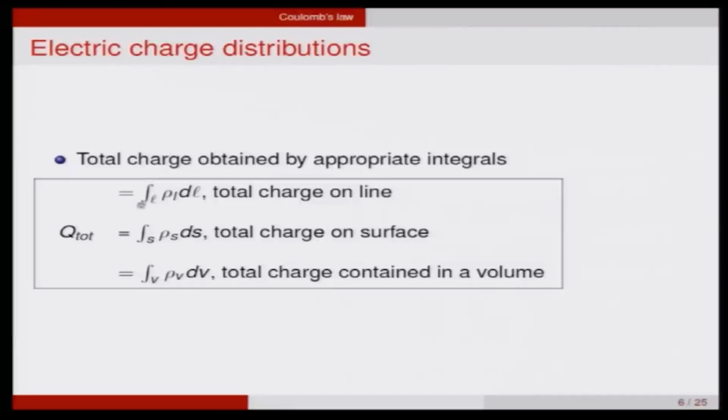This is a one dimensional integral, this is a 2 dimensional integral, this is a 3 dimensional integral, and these integrals are differentiated by their subscript. Integral L stands for a line integral, integral S for a surface integral, and integral V for a volume integral. Sometimes you will also find them written as triple integral signs to indicate clearly that this is a volume integral.